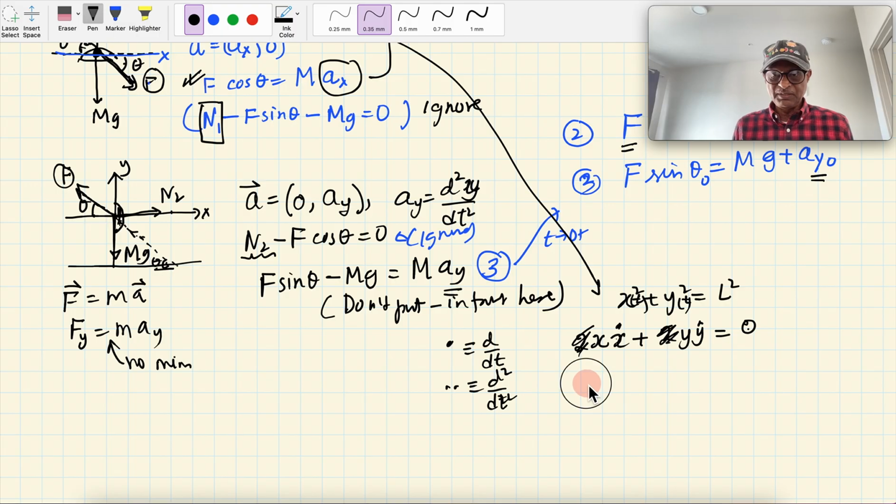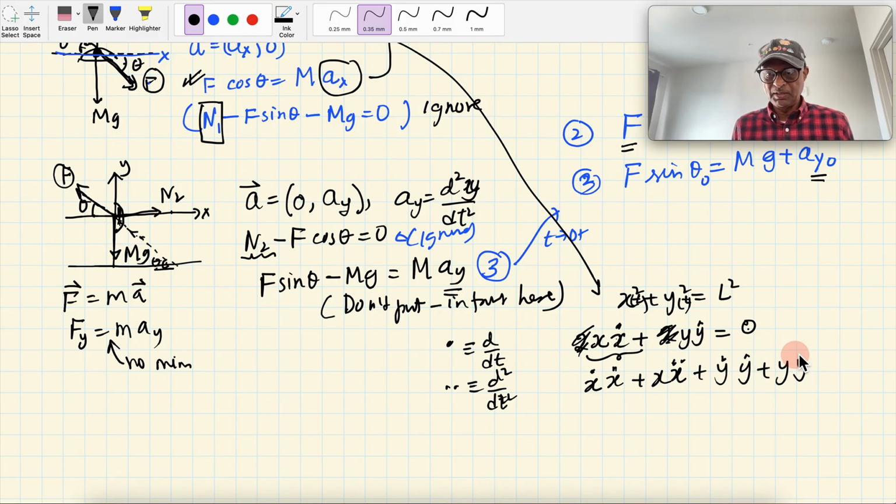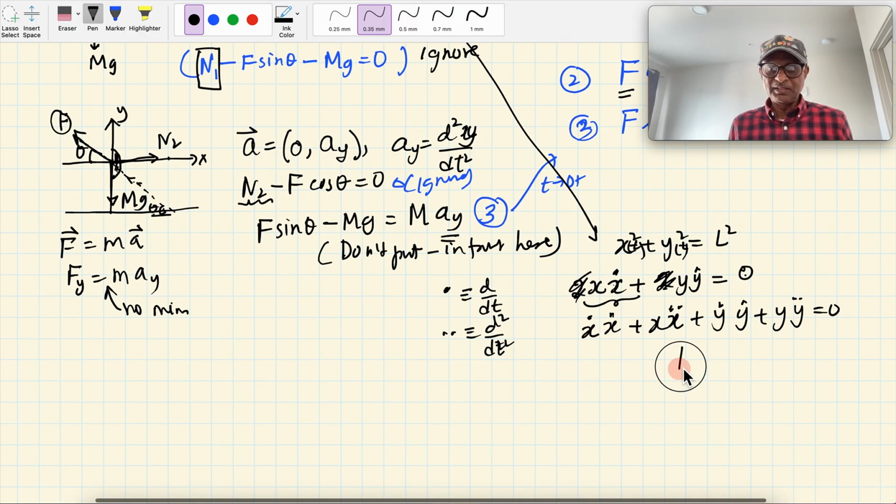Take one more derivative: x dot plus x double dot from here, two terms, and then y dot plus y double dot equal to 0. All I want is this at t equal to 0.